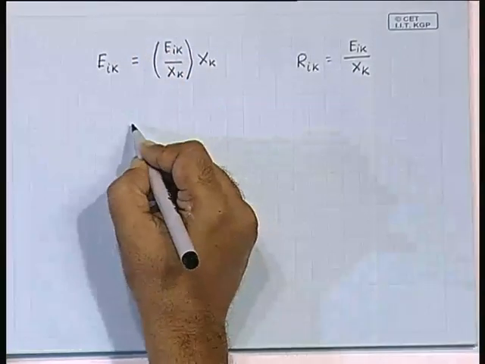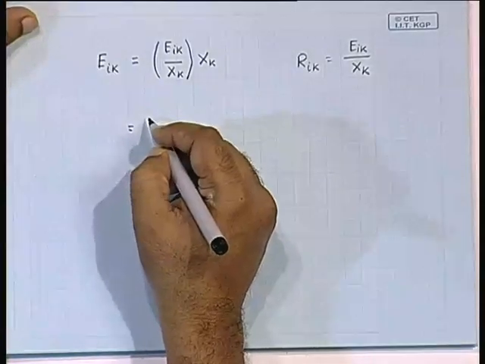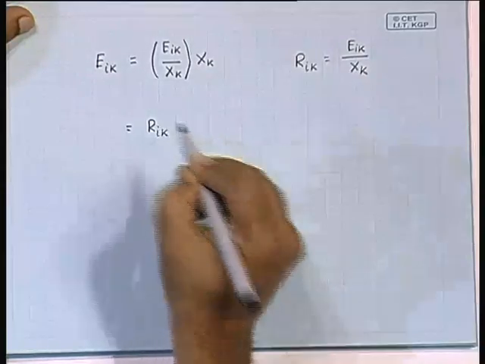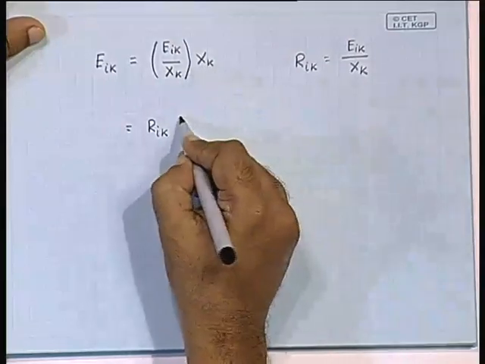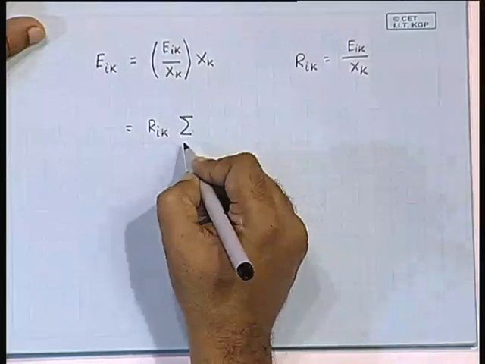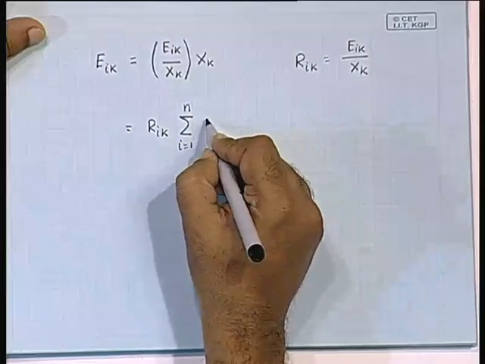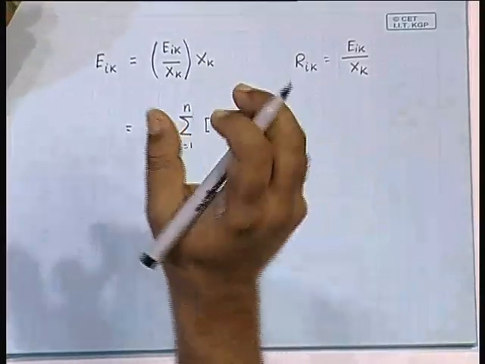What is x_k? x_k can again be expanded. We will write R_Ik times x_k, summed over k equal to 1 to n. x_k is obtained from (I minus A) inverse times y.